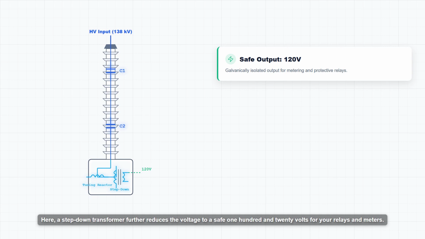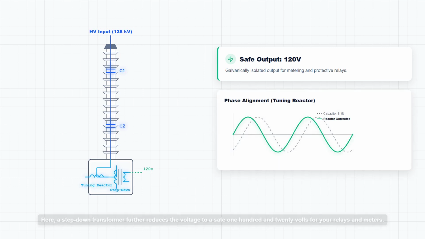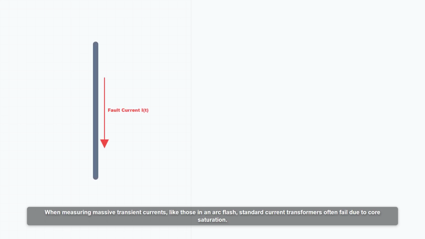Here, a step-down transformer further reduces the voltage to a safe 120 volts for your relays and meters. Crucially, a tuning reactor cancels out the phase shift caused by the capacitors, ensuring an exact scaled replica of the grid.